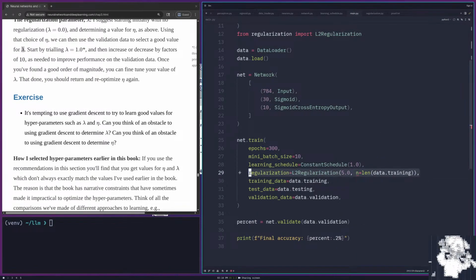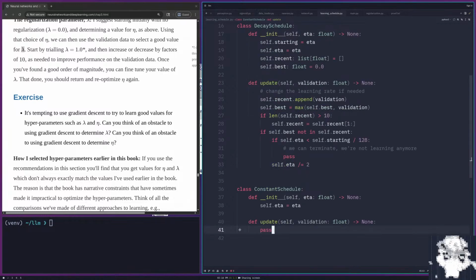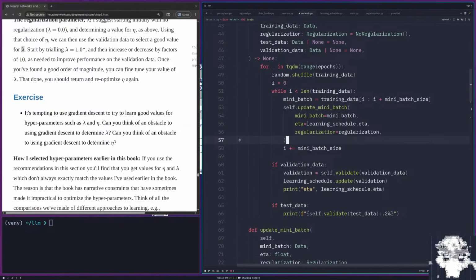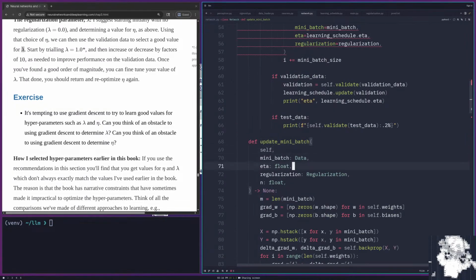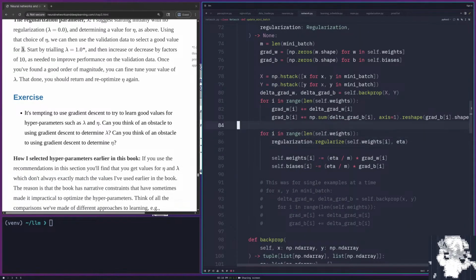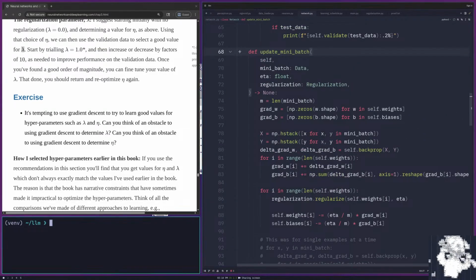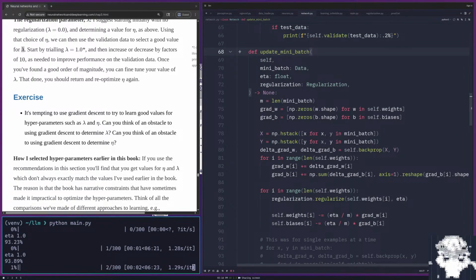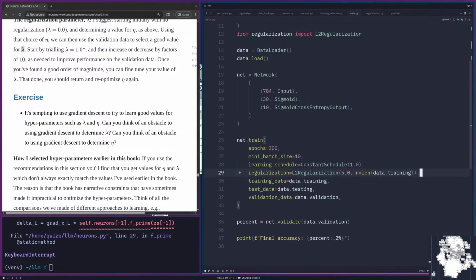Which will mean this should work now. In network, we don't need to pass n down here anymore. We don't need you anymore. Still work? Still works. So now we can switch between L1 regularization, L2 regularization.